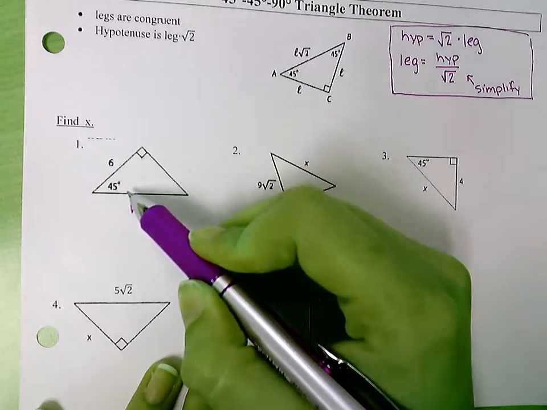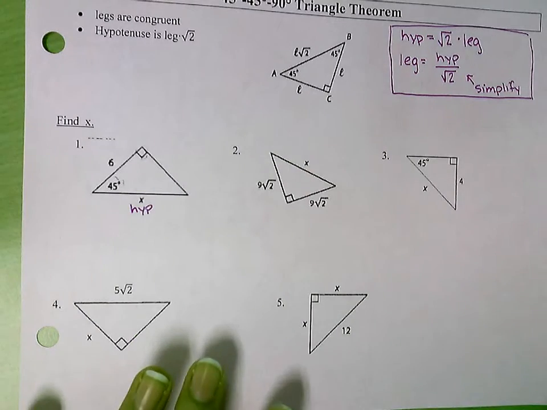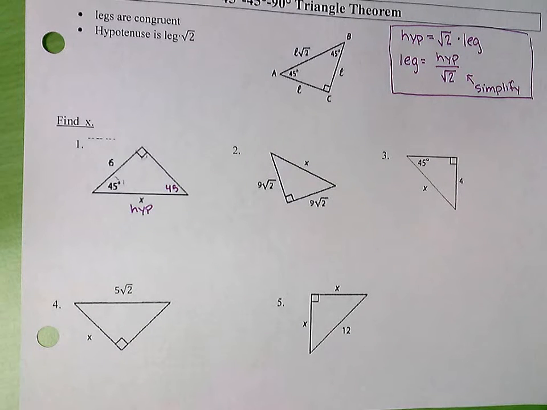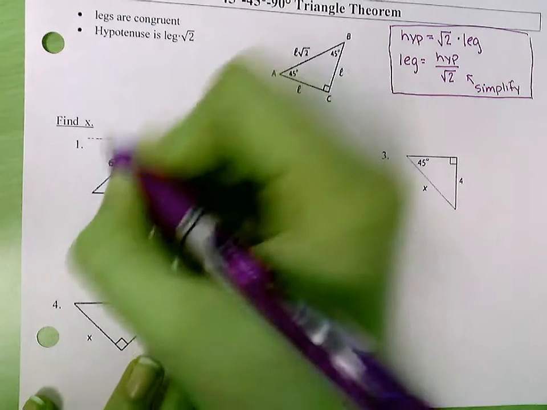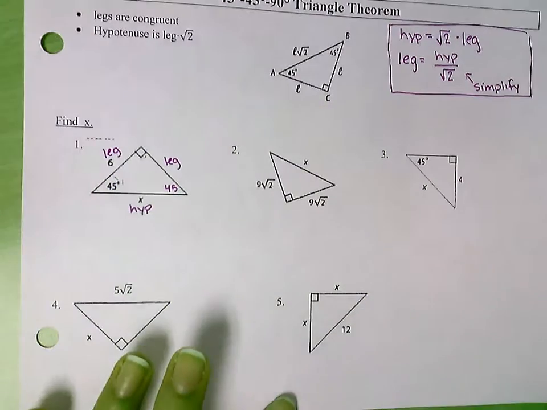Now in this triangle, I have a 90-degree angle and a 45-degree angle. That means that other angle must be 45. So yes, I can use my rules for this problem. That means these other two sides I can call legs.